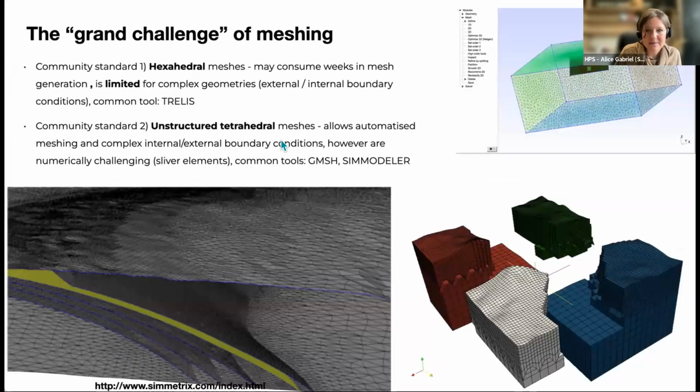And there are unstructured tet meshes, which are more flexible. However, they can also be numerically challenging because you can generate something that's called a sliver element. That's one really deformed element, one deformed triangle that can break your computational efficiency of the whole mesh. The tools that we will use are Gmsh and SimModeler.